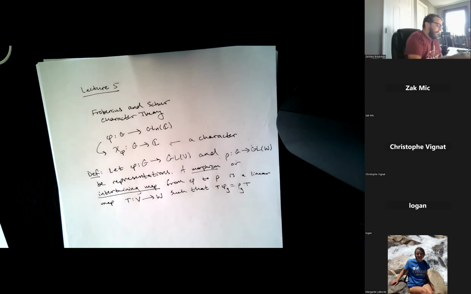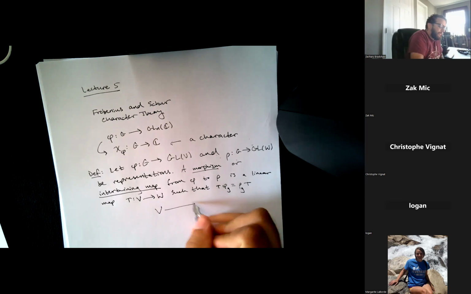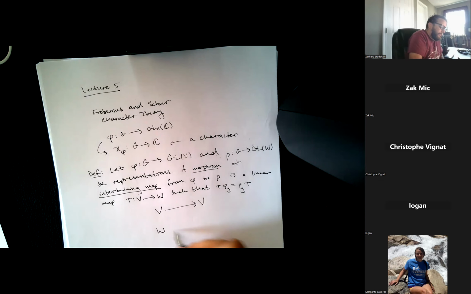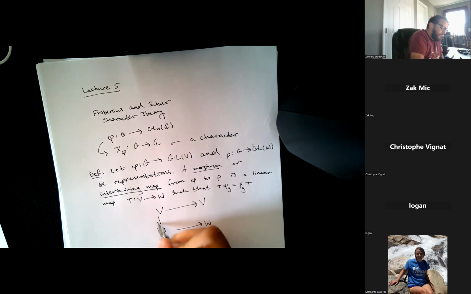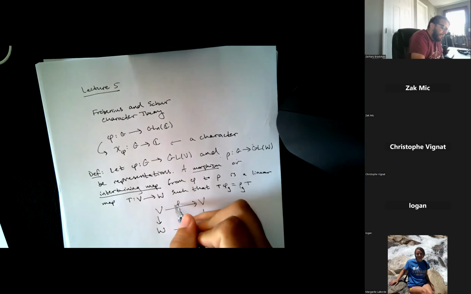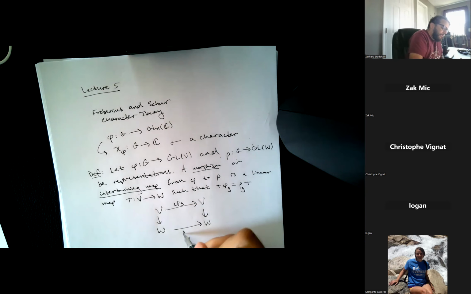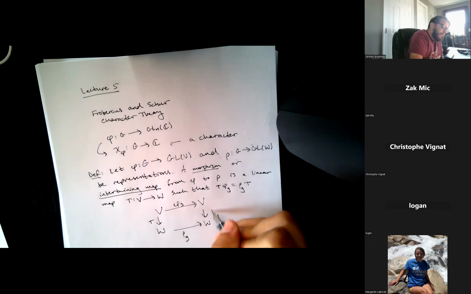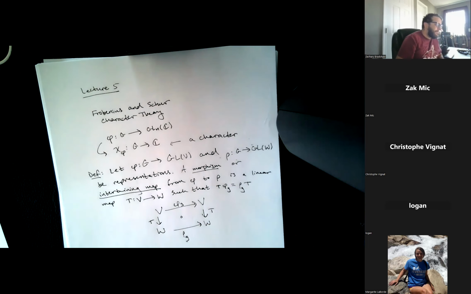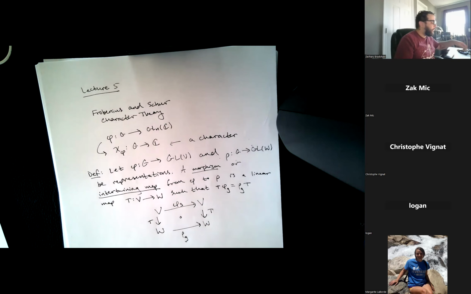Okay, so in a diagram, what this looks like is the following. We have phi(g) here. We have rho(g) down here, T, T, and this diagram commutes, so you can go either direction here, and the equality holds.